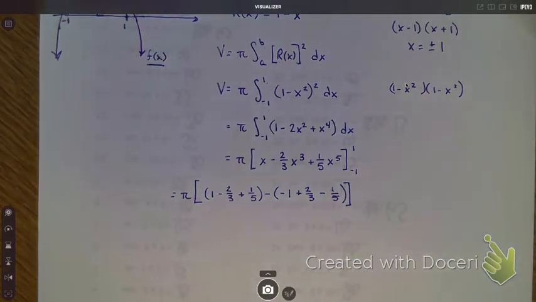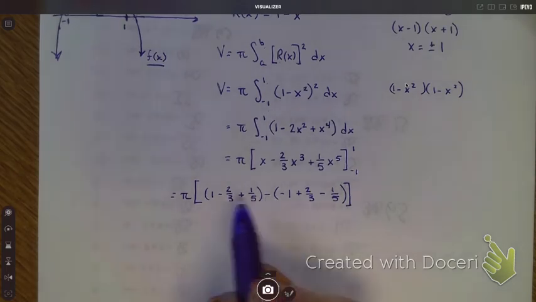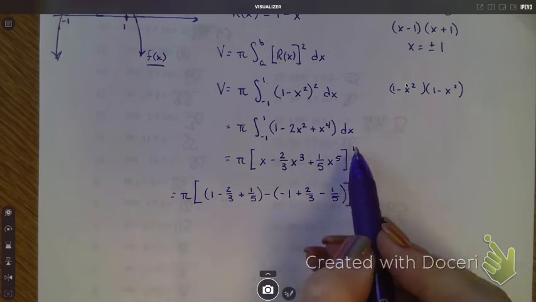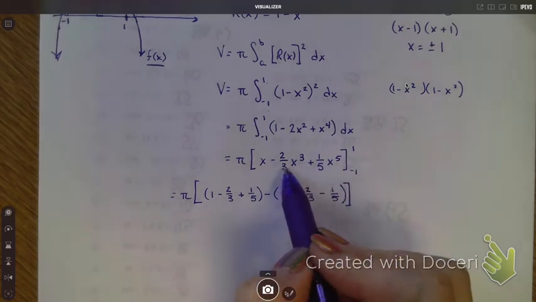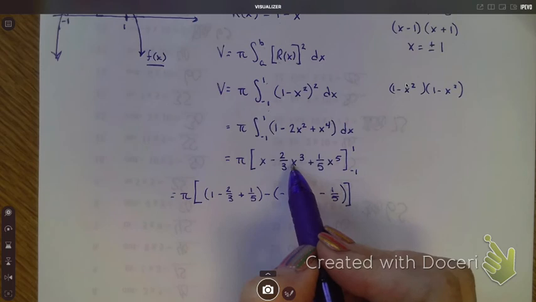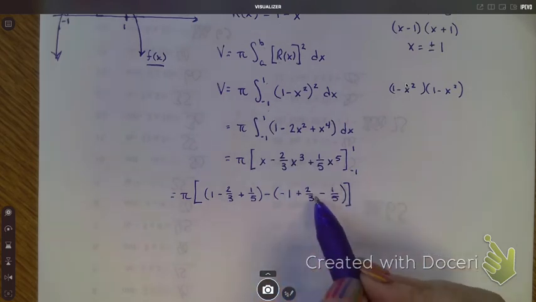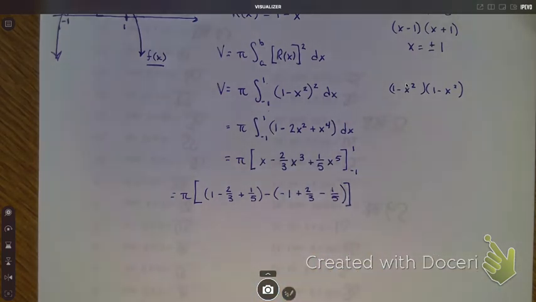Hold on. Where it says 1 minus 2/3 plus 1/5, wouldn't that minus sign be a plus sign? No, because when I plug in 1, oh, I was doing negative 1. Yeah, on this negative 1, you have to put the top minus the bottom. Remember?